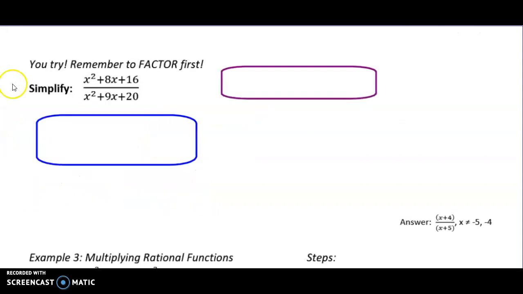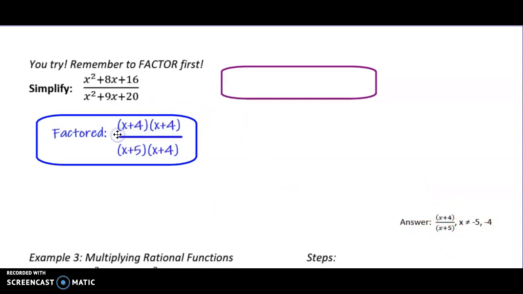Moving along, now it's your turn to try. So pause the video, take a moment, factor the numerator and factor the denominator, and solve this problem. Note the answer is down here in the corner so you can check your work. So pause the video now and take a moment to try that.